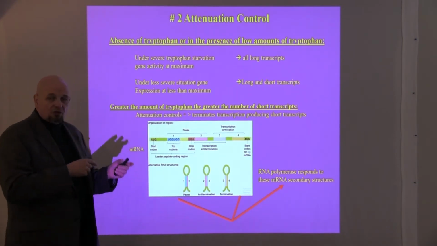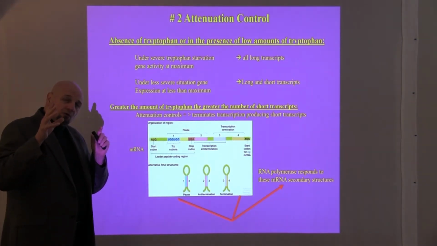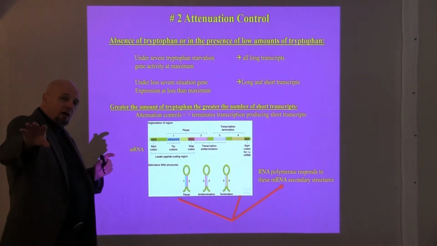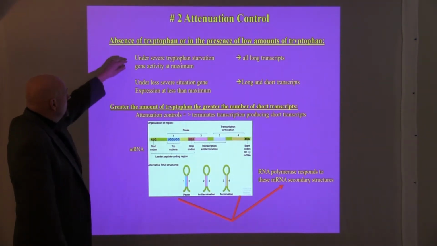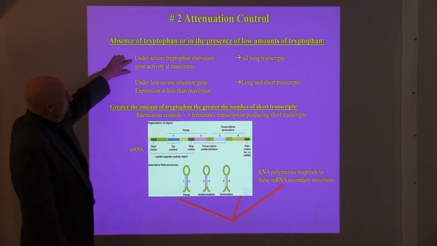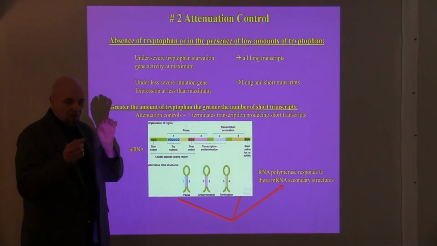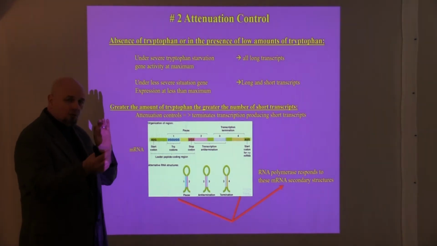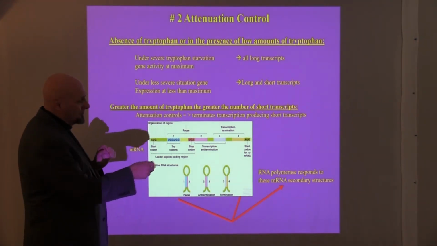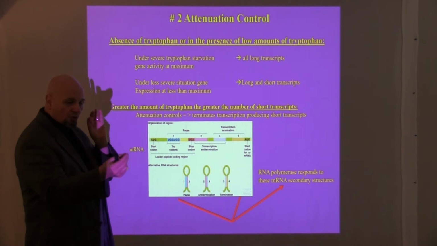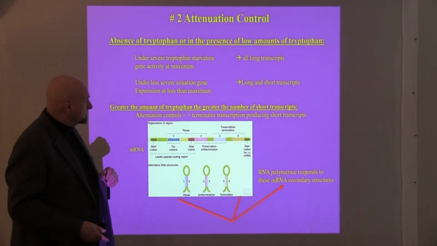But in this situation, there's just not enough tryptophan, and it's going to allow this system to turn on. So, under very severe tryptophan starvation, gene activity is at maximum. That means that we get all 5 structural genes produced. So that's why we refer to those as the long transcripts. Huge long transcripts are produced.